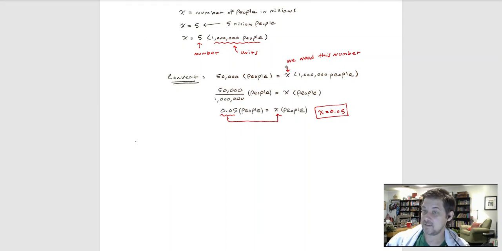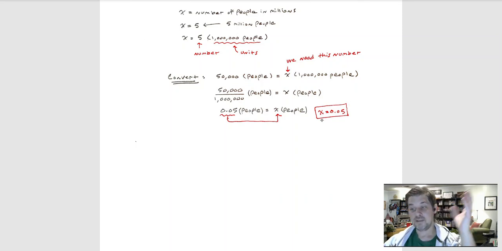Because right here, this has the proper units. This has the units that we're working with. So I do that, take 50,000, divide by million, I get 0.05. And then my equation says 0.05 million people equals x million people. That means that this number x that I was trying to find from the beginning has to be 0.05. Okay, so for you to say 50,000 people means that my number in that function is 0.05.